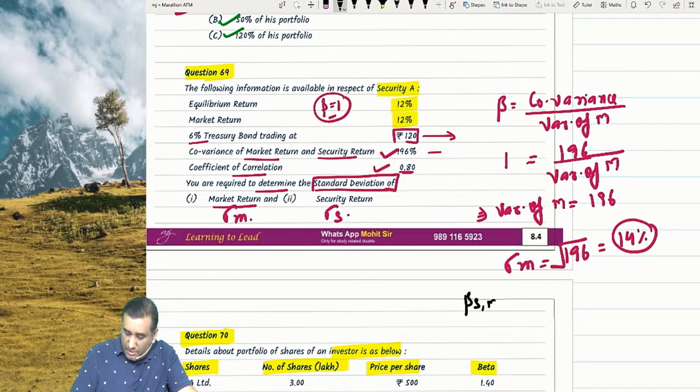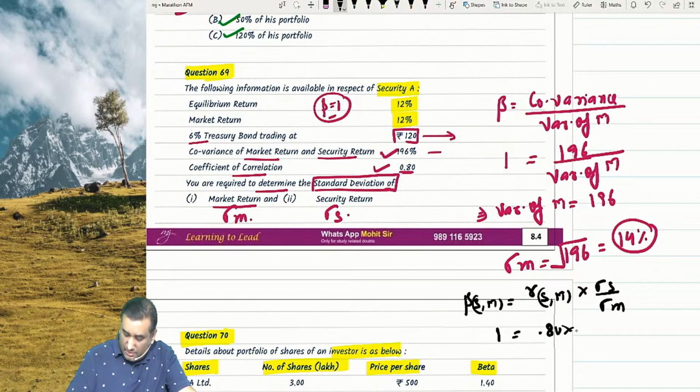Beta of security and the market is equal to correlation times security standard deviation divided by market. Beta is 1, and I get 17.